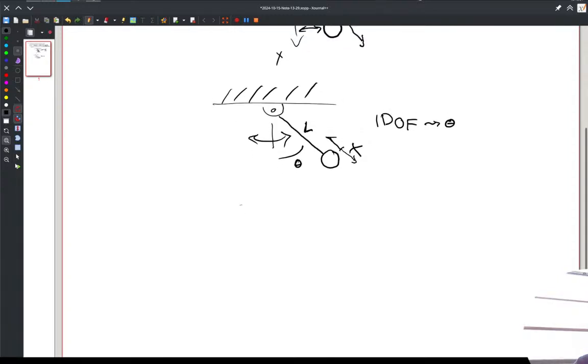The way I get that is I can look at the sum. Do I want to look at forces or moments? Let's just look at the free body diagram.